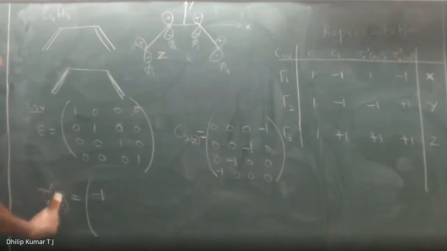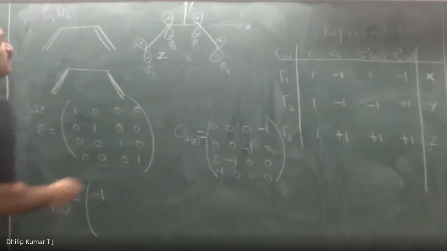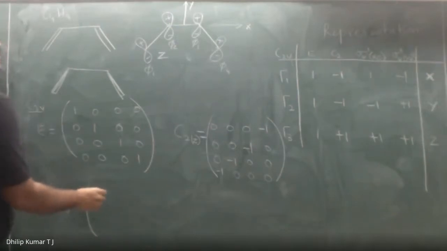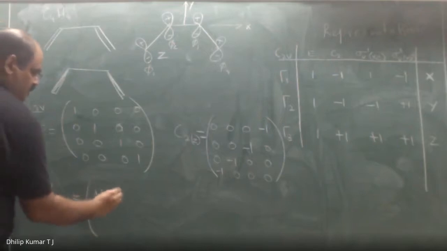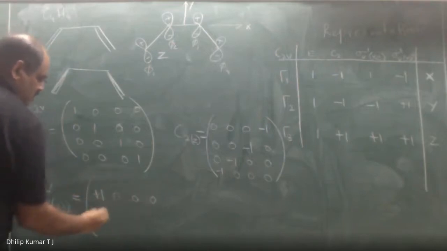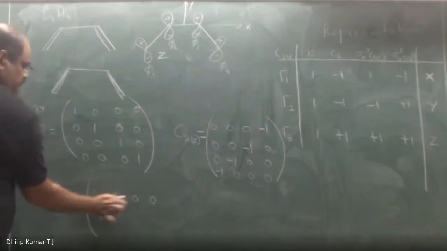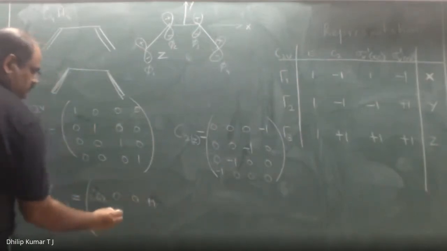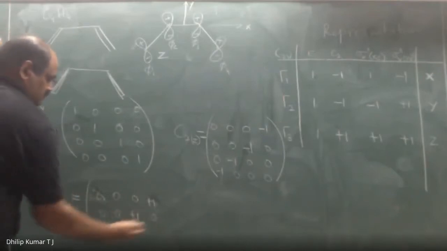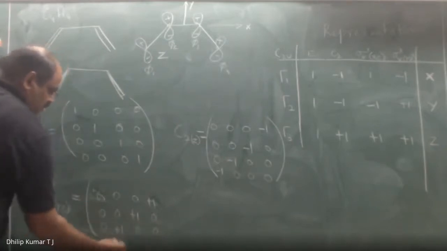Maybe first let's try with YZ itself. So YZ is cutting across YZ. So what happens? Atoms will interchange, but with positive sign. 0, plus 1, 0, 0, plus 1, 0, 0, 0.